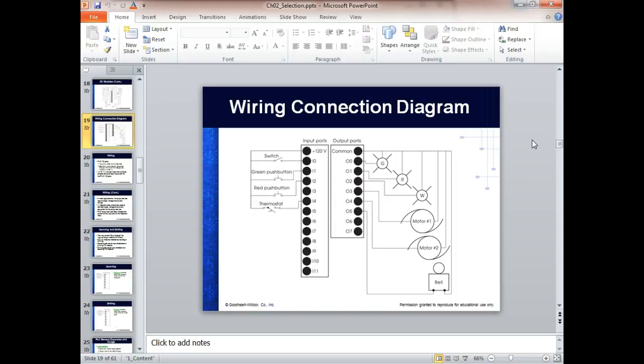So this guy is hooked up to port 1. This is an AC input, so we don't have to worry about sinking and sourcing. So they're putting L2 over here, L1 over here. I'm sorry, L1 over here, so L2 would be on the other side, right?